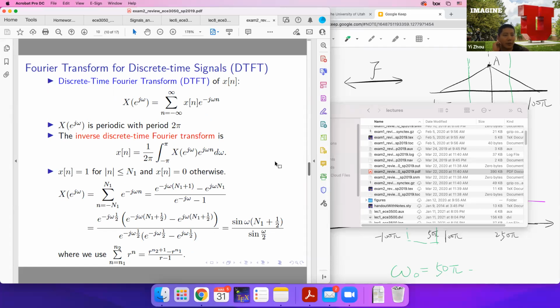And then we have discrete time Fourier transform, which again applies to discrete signals. So you just follow the definition and calculate this infinite summation. Okay, this is a general formula that you can use in the exam if you want to calculate a finite summation over a geometric series.